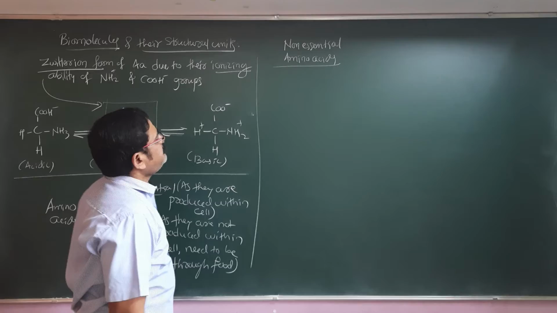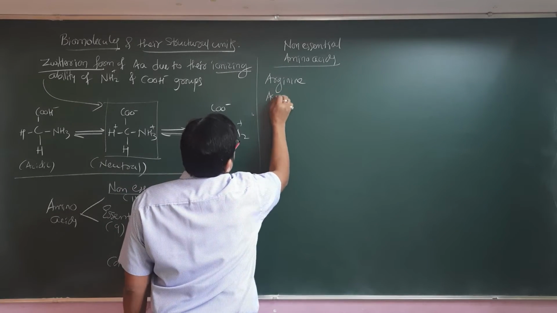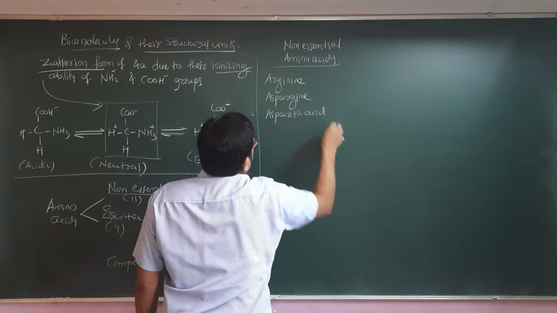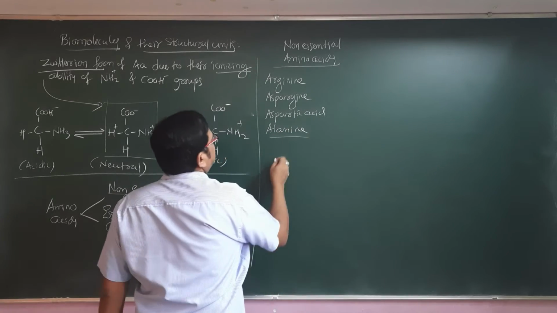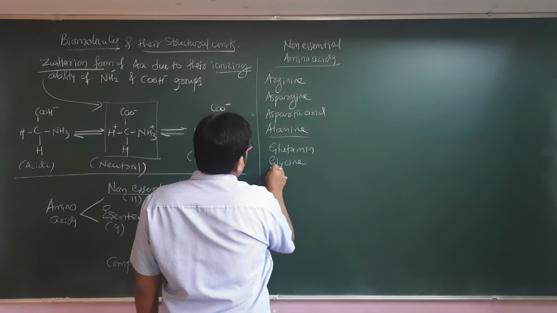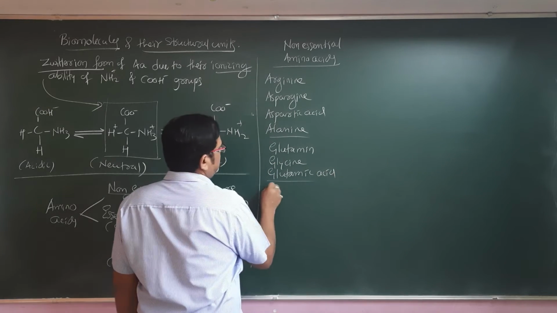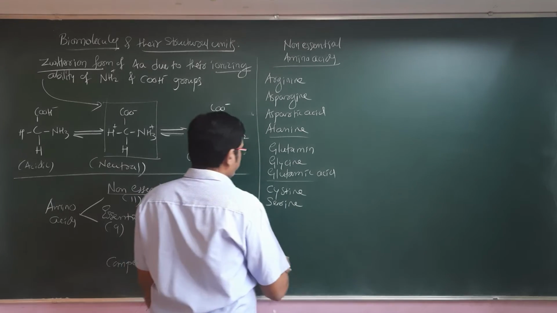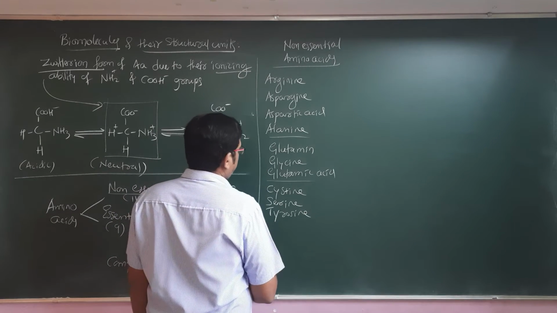They can be arginine, asparagine, aspartic acid, alanine, glutamine, glycine, glutamic acid, then cysteine, serine, tyrosine.